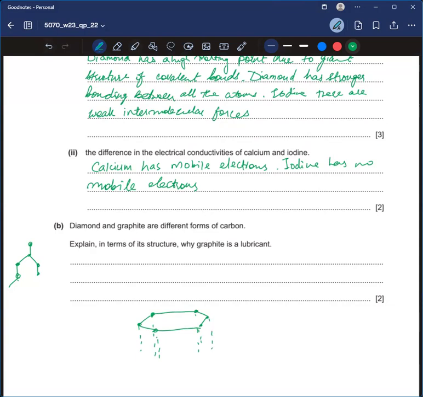Due to the presence of layers, the graphite layers can slip over each other, and so graphite is a lubricant.